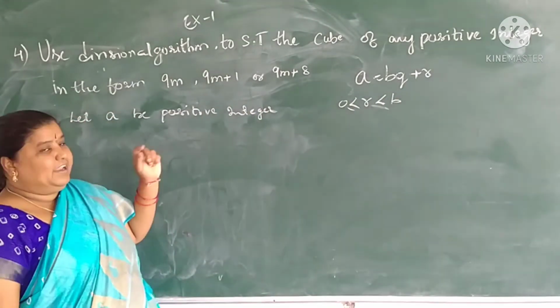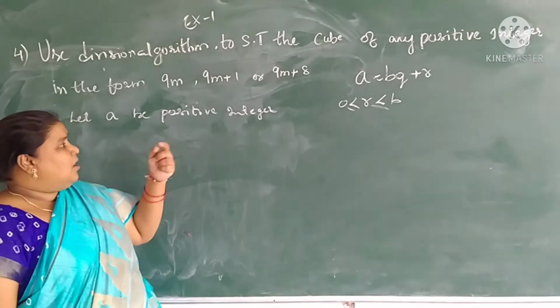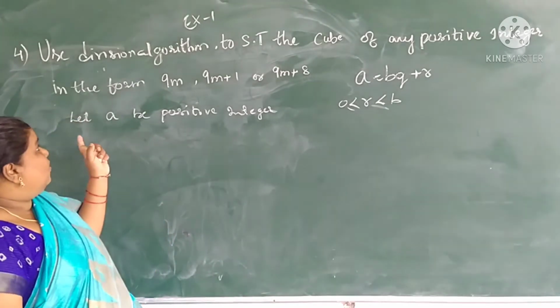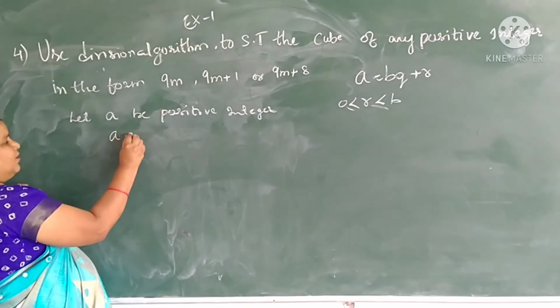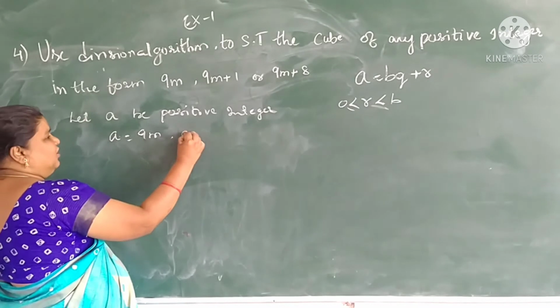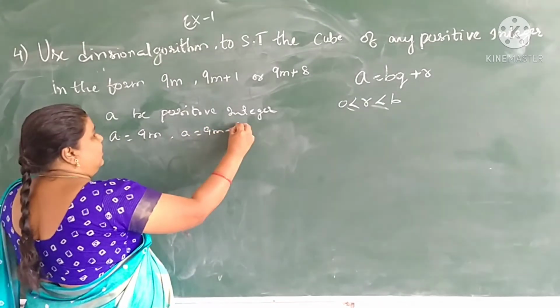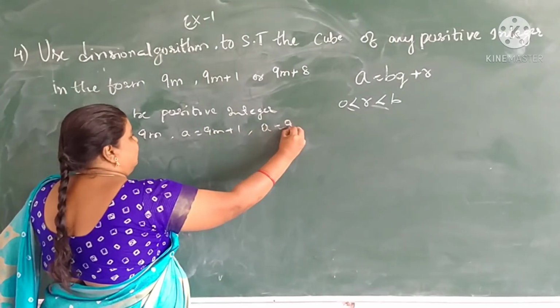Now it is not given what a is, so let a be the positive integer. Then we have to compare with this one: a is equal to 9m, a is equal to 9m plus 1 and a is equal to 9m plus 8.